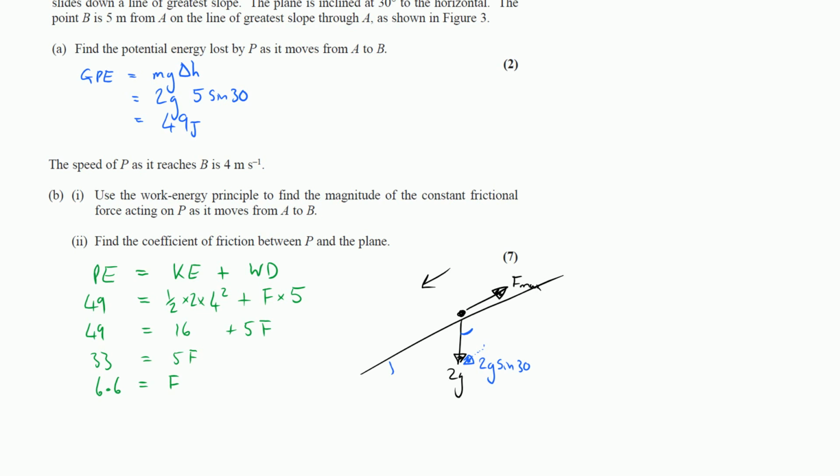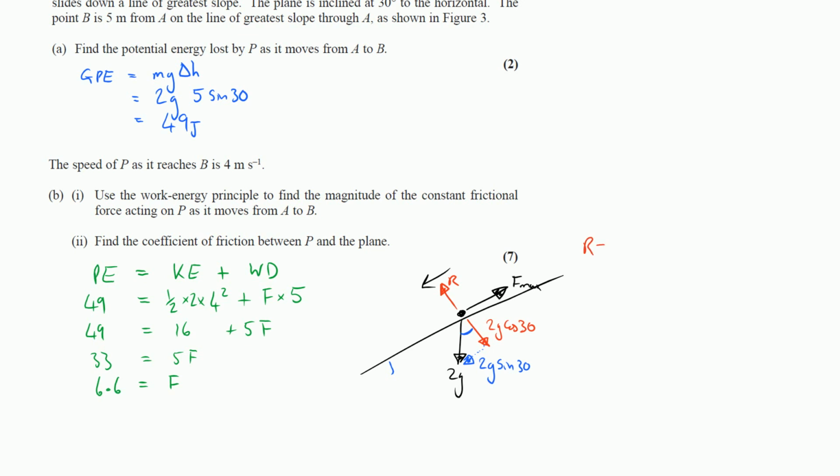I also need to know that my reaction force here, R, is going to be equal to part of the weight that's acting perpendicular to the plane, which is 2g cosine 30.